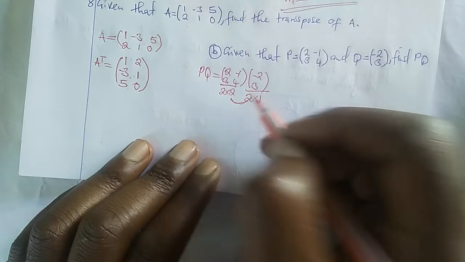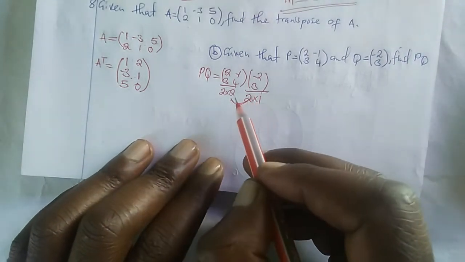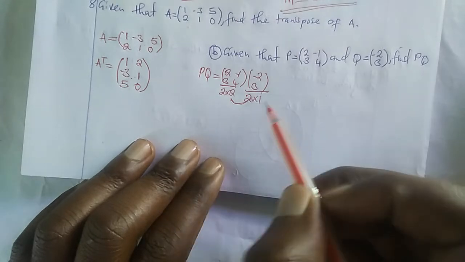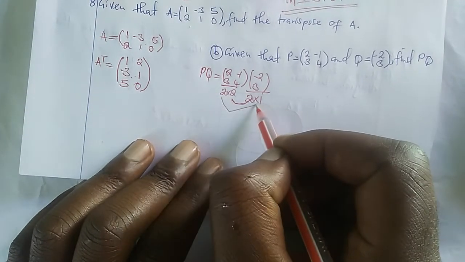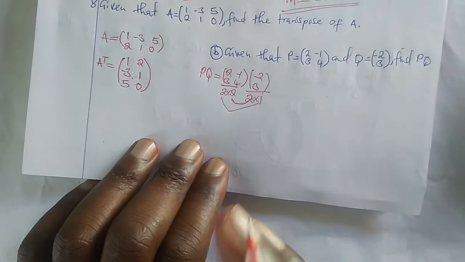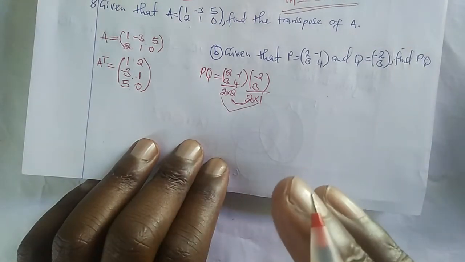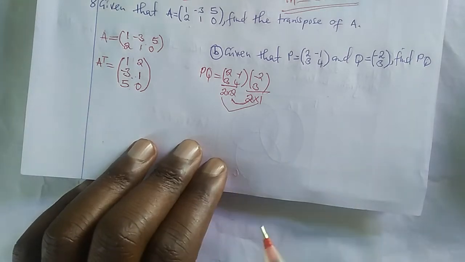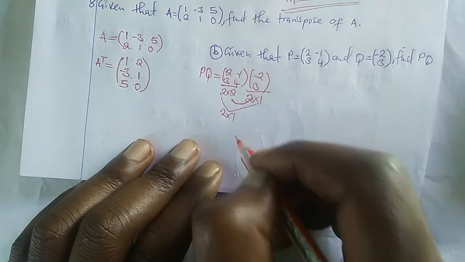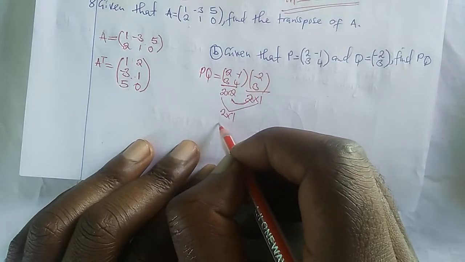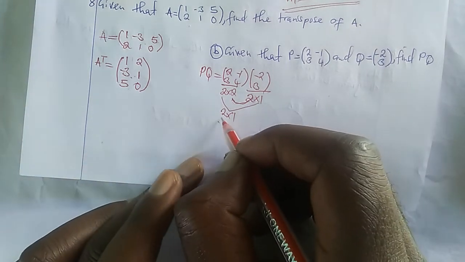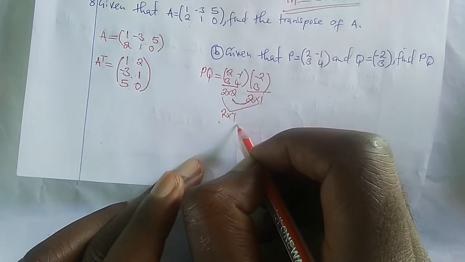We multiply the number of rows by columns, and the outer numbers help you identify the order of the product. So the matrix we are going to have is 2 by 1, meaning that the matrix will have 2 rows and 1 column.